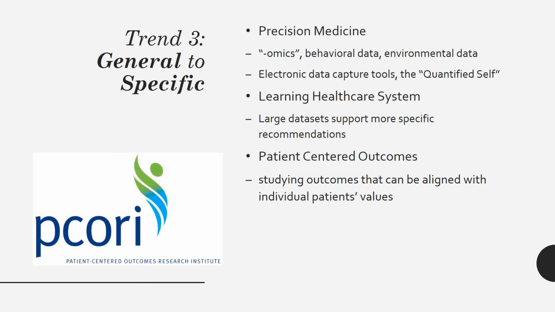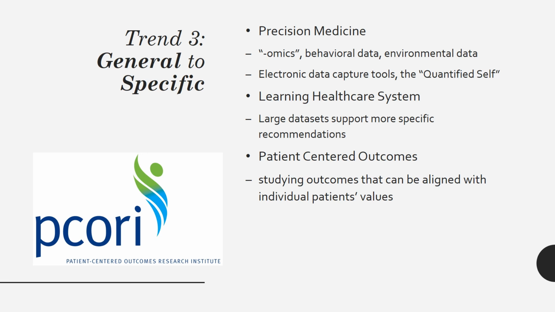And then there's this other thing called patient-centered outcomes, where all along we thought we were doing what was best for patients, but we forgot to ask the patients. And there's a trend to change that.